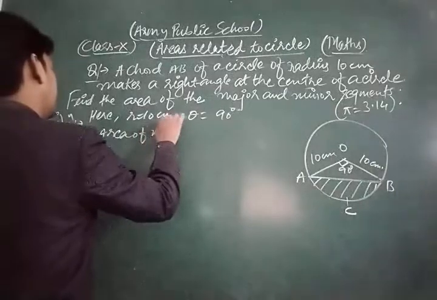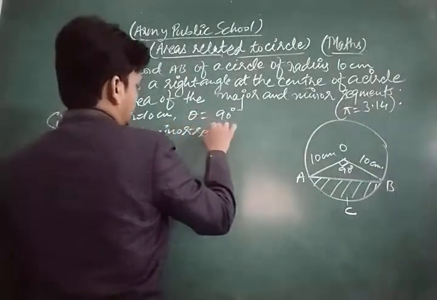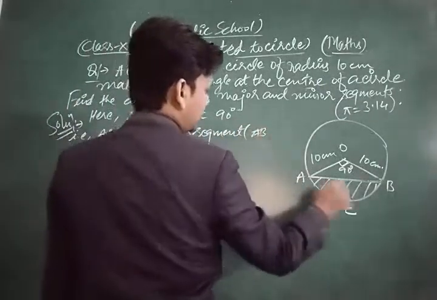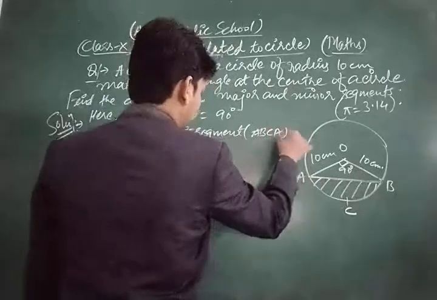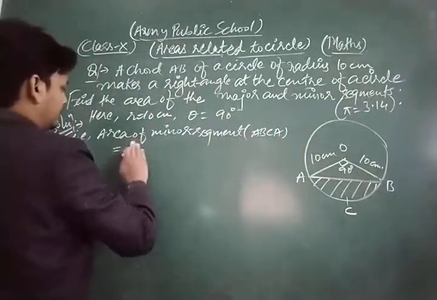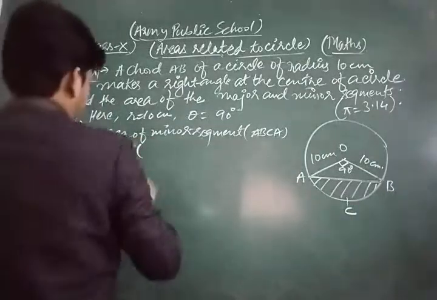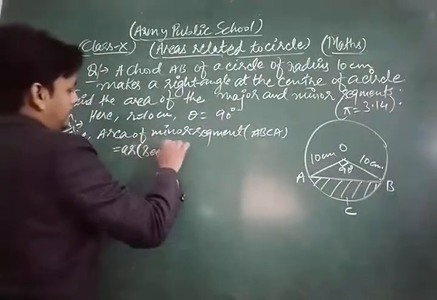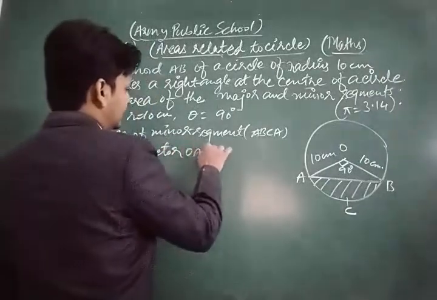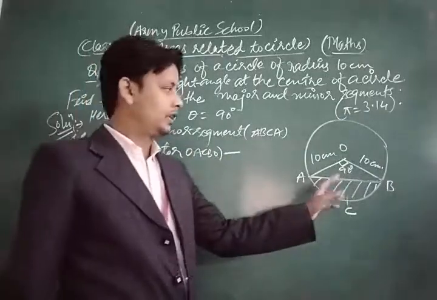Area of minor segment ABCA is equal to area of sector OACBO minus area of triangle AOB.